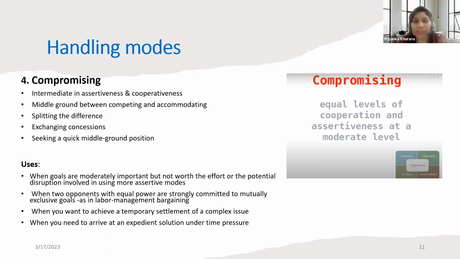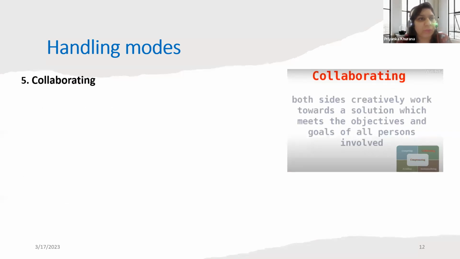I think it fits a situation when you are under time pressure and have to find a solution for the time being, and you turn to compromising, which is finding a middle ground to satisfy both parties. Yes, that makes sense. Anybody else want to talk about any scenario for compromising? Okay, I'll take the silence as no, and we can move further.